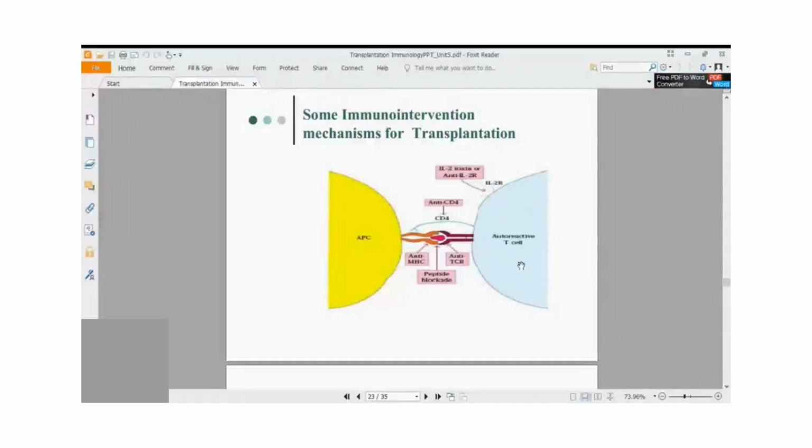But once again, please remember that it is not possible to block only the T cells that are going to be activated against the transplant. It is going to block all the T cell populations that are produced in the body. So therefore, the reaction is going to be systemic. One will be deprived of the T cells during the process when the monoclonal antibody is in circulation.